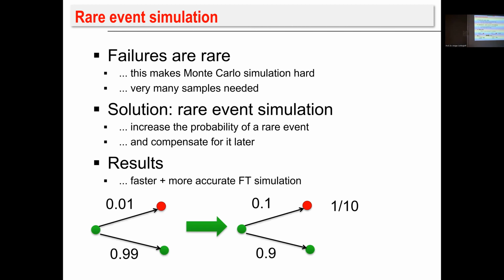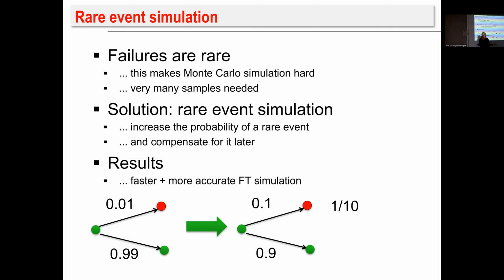One small example is this. Suppose you have a coin, and the probability of heads is only 1%, and the probability of tails is 99%, and you're interested in estimating how often you reach the red state. What you can do is increase the probability of the rare event to 10%.